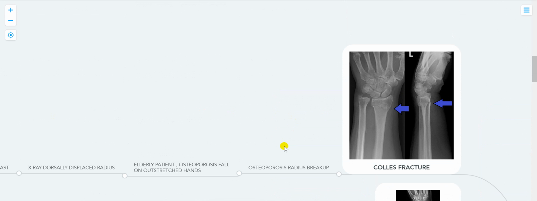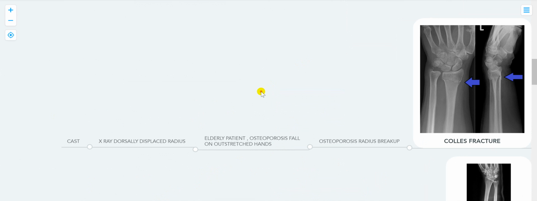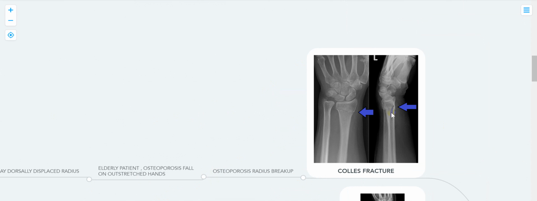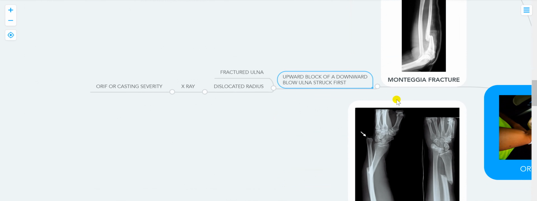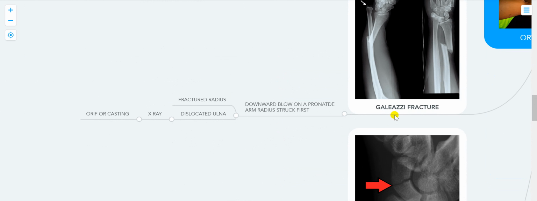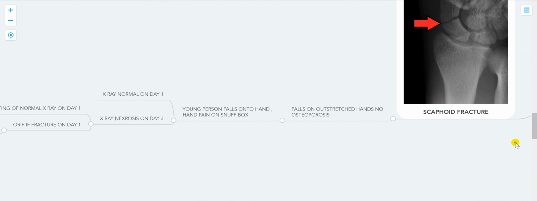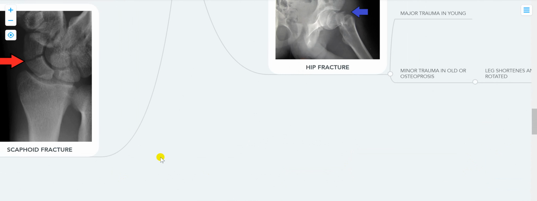Colles fracture is the last one. It is usually an osteoporosis radius bone fracture, the head of the radius. Elderly osteoporosis, falling on an outstretched hand. X-ray shows dorsally displaced radius, and the treatment is casting. So Colles, Monteggia, Galeazzi, boxer finger, all of them we do casting.